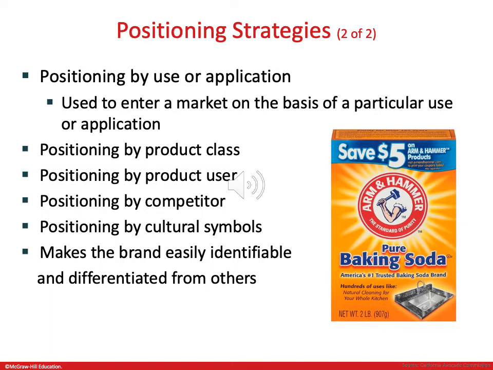So this positioning strategy can be used to enter a market on the basis of a particular use or application of a product. And Arm & Hammer's done a great job of building their sales by helping consumers realize all the other potential uses of its baking soda product.